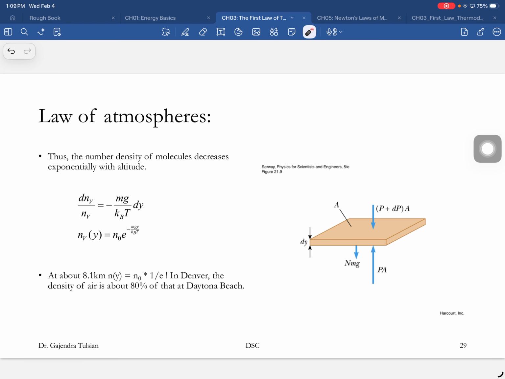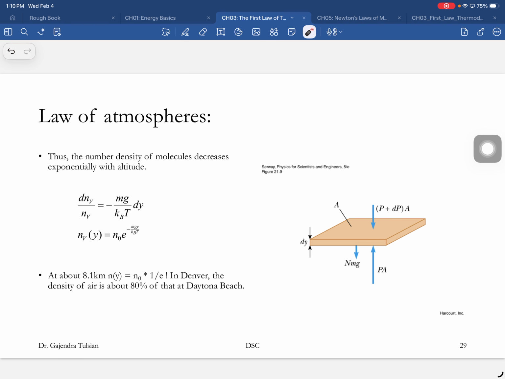And what's interesting is, m is the mass of a single molecule. This is the potential energy of a molecule, and that's kBT. That's related to the temperature. So the higher the temperature, the slower it would decay.